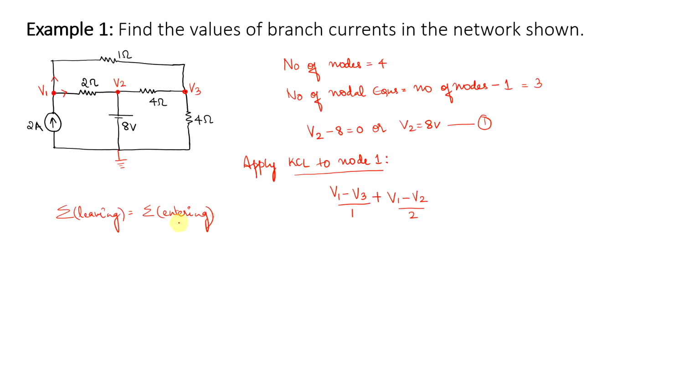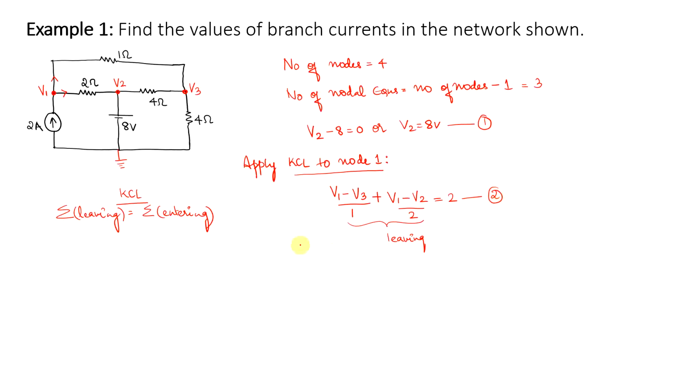Okay, so this is what we have in KCL. And here this 2 amps current is entering, whereas these are leaving, right? So this equation will be equal to 2. That is because the 2 amps current source is entering. So this is your second equation.